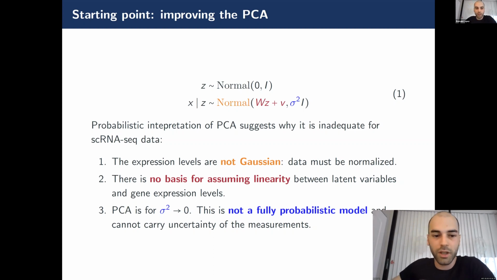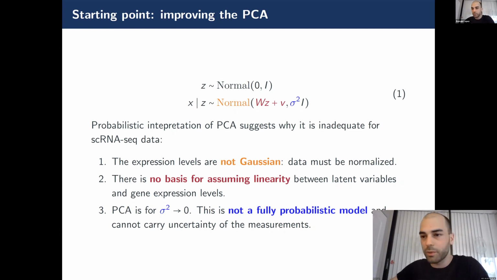Then the second point is it's hard to assume linearity between the mean of the gene expression levels and the latent variables, especially because you can have a case where, in defining cell types, you have some nonlinearity between two genes, right? If this gene is on and that one as well, but not this one. So we'd like to extend this linearity assumption.